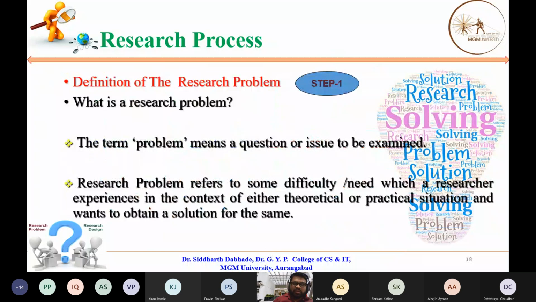You know that whenever a problem comes into existence, it means that there are certain issues. We are suffering certain problems, or we need to tackle certain issues. So we need to examine the existing issues and give a particular solution for that particular issue.